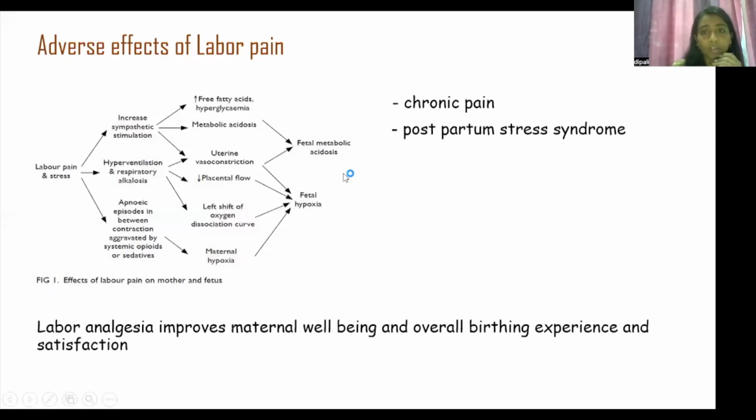In the long term, it leads to chronic pain and postpartum stress syndrome in the mother. If we provide good analgesia, these deleterious effects on the fetus as well as the mother can be avoided. So labor analgesia improves maternal well-being and overall birthing experience and satisfaction in the mother.